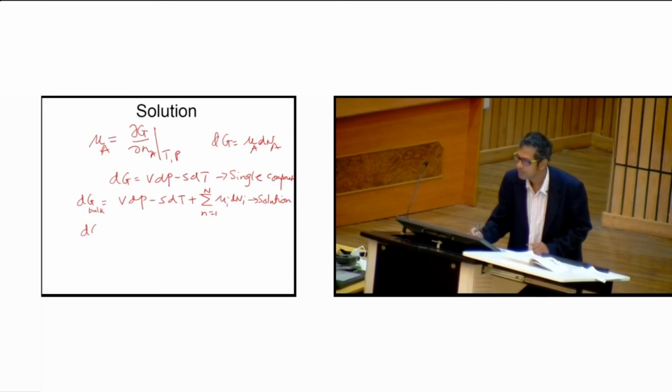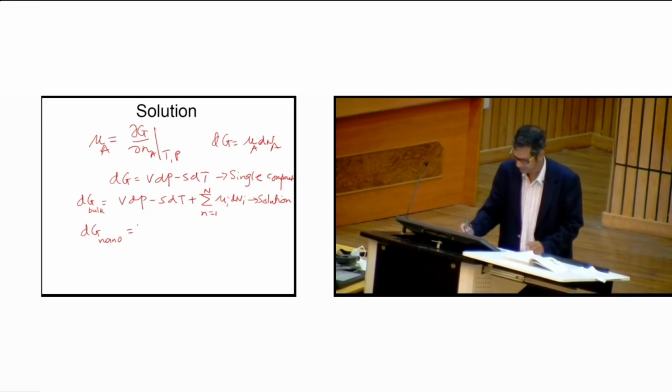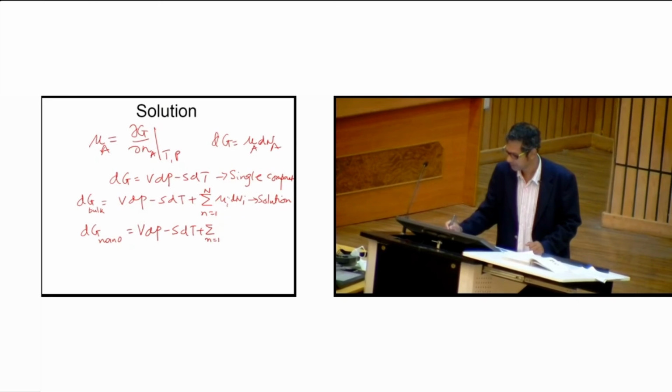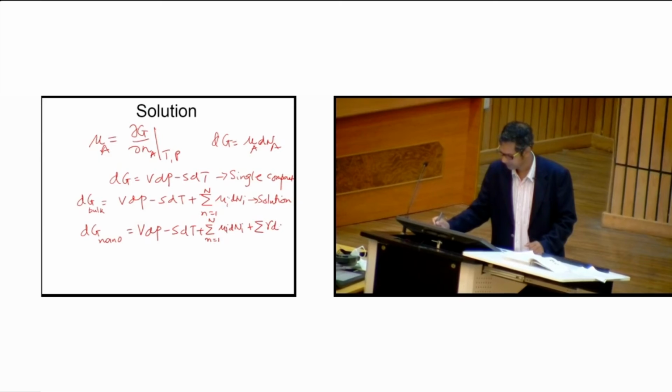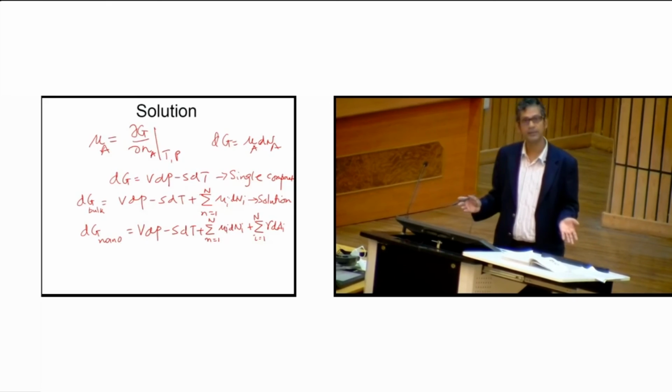What about nano? We already discussed that you cannot ignore the surface area. So this has to be modified. How does it have to be modified? Very simple. What is this term, gamma dA?